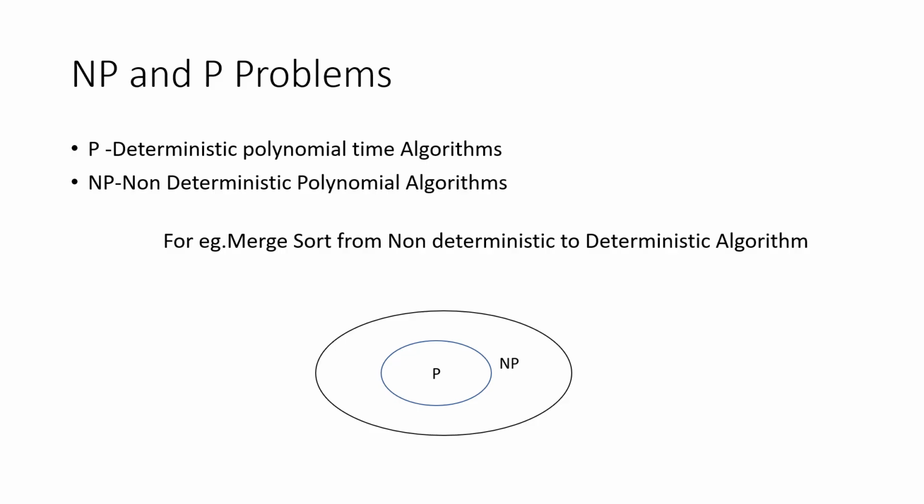If any researcher has explored and given the procedure, with the details of a procedure which actually runs in polynomial time, then it is a deterministic algorithm. Like that, in this example we have merge sort, which was previously a non-deterministic algorithm and has now been converted into a deterministic algorithm of n log n time, which is polynomial time.